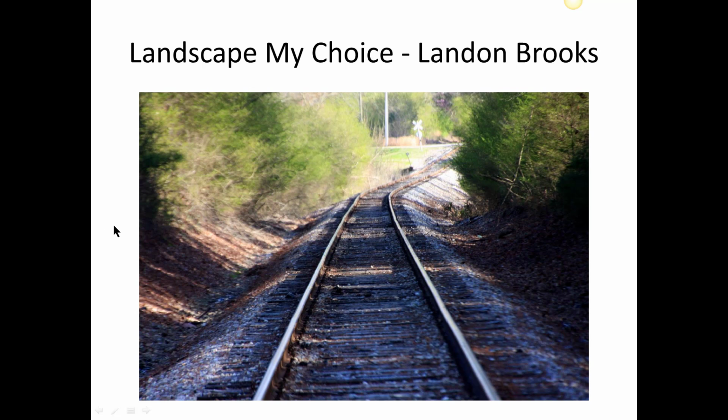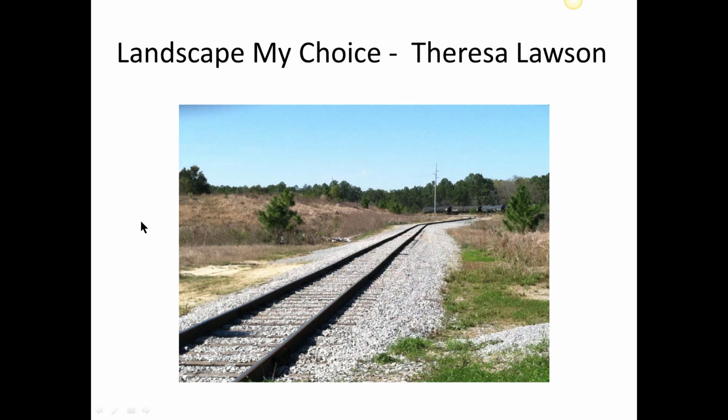Let me go to the next one here, and this is from Theresa, and it's a similar thing. And again, it's the railroad tracks, and this is just what happens when you see stuff, and eventually back here the stuff disappears. Really, the two tracks become merged as one, and this is called the vanishing point.